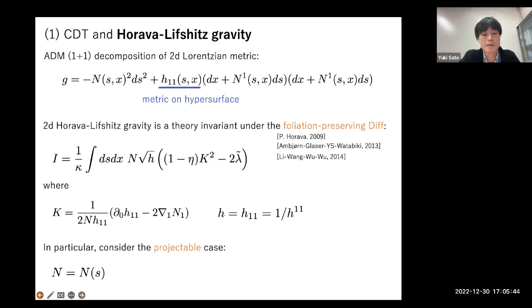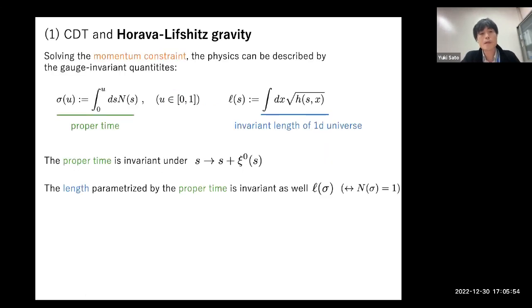The reason to think about the projectable case is that if the lapse function is only a function of time, then the two-dimensional field theory can be reduced to one-dimensional quantum mechanics. And the proper time can be gauge invariant. But for the non-projectable case, this proper time depends on the space coordinates, meaning that this is not invariant under the foliation preserving diffeomorphisms.